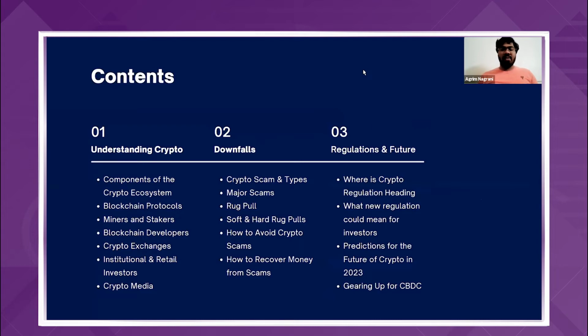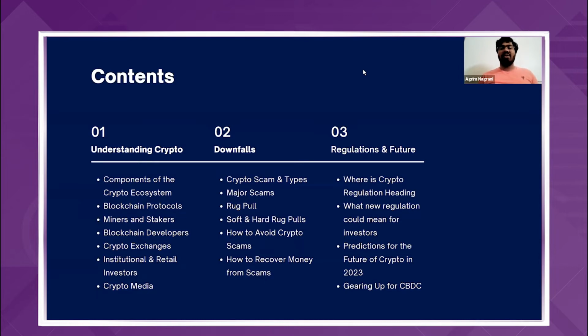In today's session, we will be covering crypto under three sections. First will be understanding the cryptos: what the exact components involved in it are, how cryptocurrency works, and the architecture and structure behind it. Secondly, the downfalls which recently happened; there were many scams taking place in the past 1 to 2 years, particularly in the crypto space, when people were launching tokens and then suddenly pumping and dumping them.